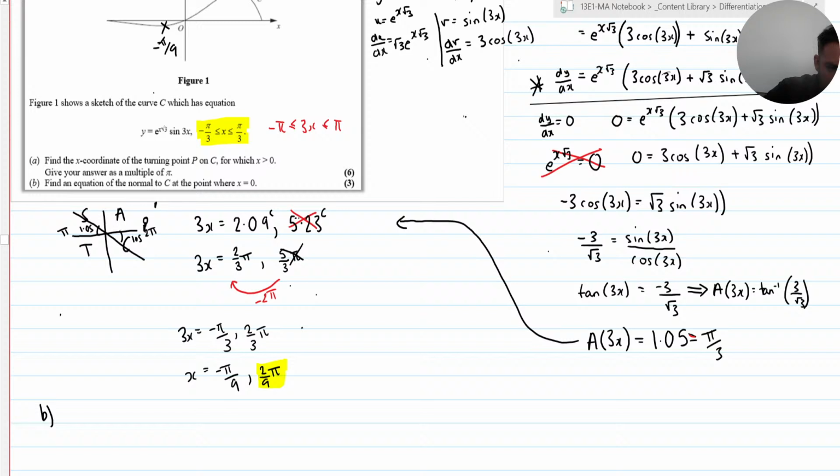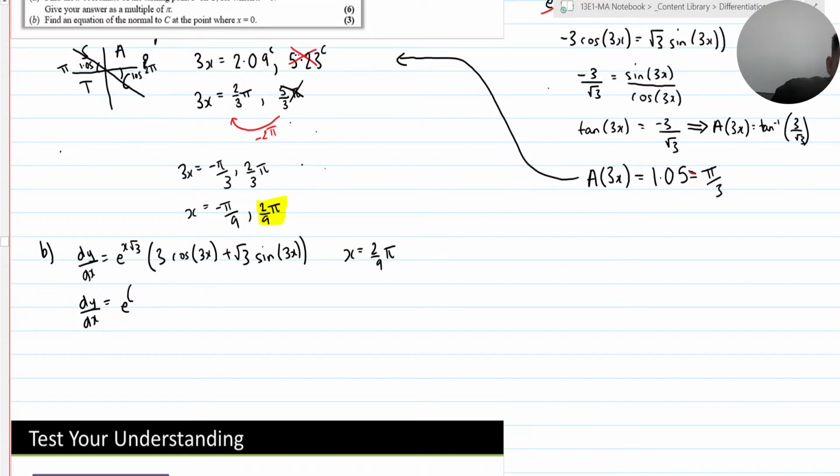So we've got dy by dx is equal to e to the x root 3 times by 3 cos of 3x plus root 3 sine of 3x, there, like so.